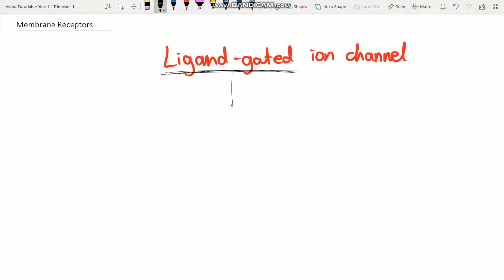Ligand-gated basically means that a certain molecule, called a ligand, is able to bind to a receptor in order to cause a conformational change or a shape change in the receptor, and therefore allow for a particular effect.